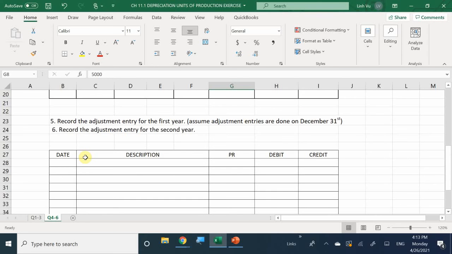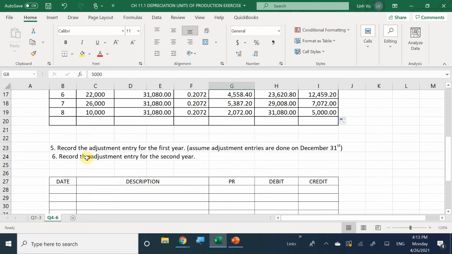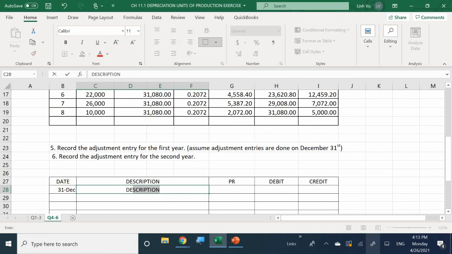Okay. Last but not least, question number 5 and question number 6 is to journalize this adjustment entry for the depreciation for the first year and the second year. So let's go ahead and dive into the first year. So what should my journal look like? Depreciation expense.